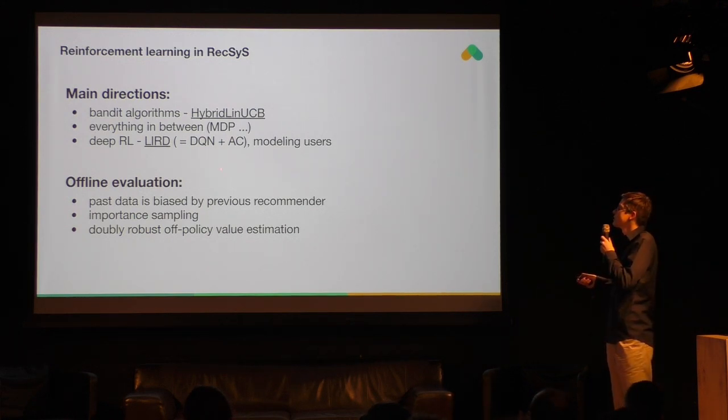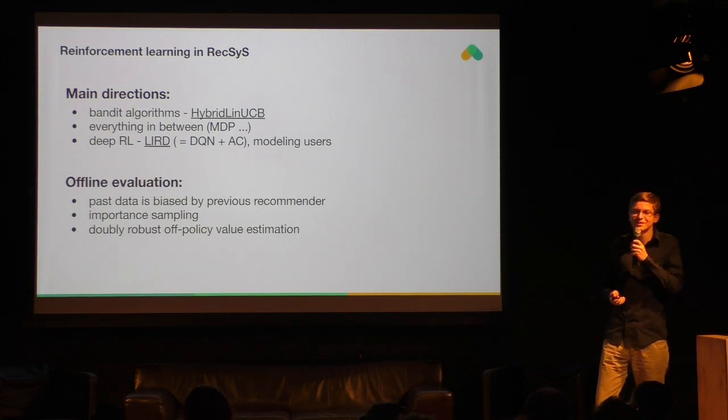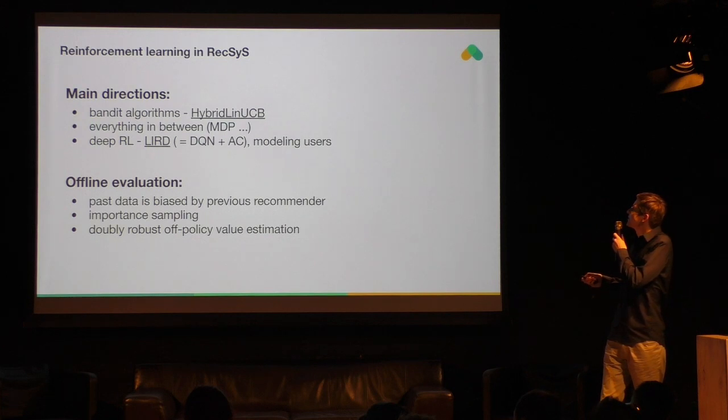So there are two components to the algorithm, actor and critic. Some of you who do reinforcement learning are probably familiar with these terms, but most of you probably not, so I'll just quickly go through it.